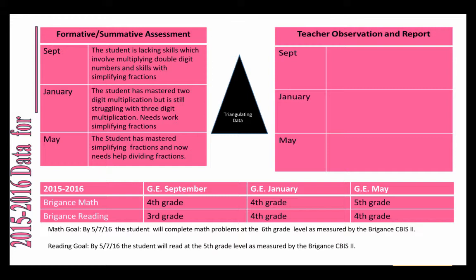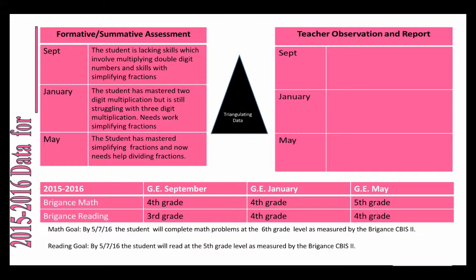In September, the student was in 4th grade math and 3rd grade in reading. By May, the student had made it to 5th grade in math and 4th grade in reading. Below that, it tells you the goals the student is to complete up to one grade level above where they ended off in May, at the end of the year.